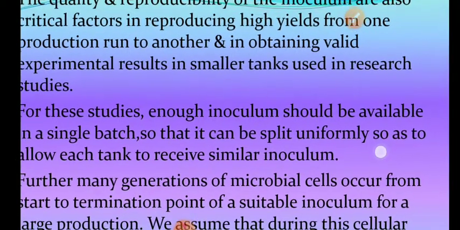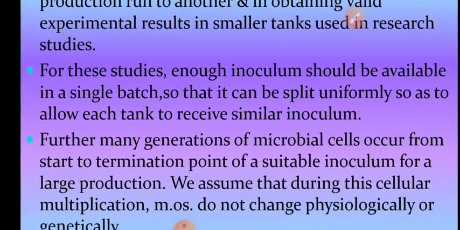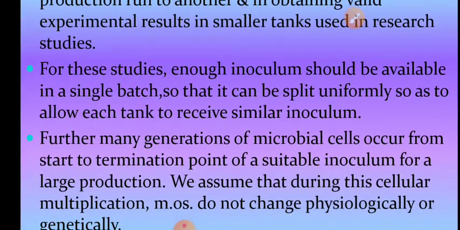Okay, so when you are carrying out studies at research level, that means you are studying a new production first in the laboratory, then on a small scale glass fermenter, and then in a pilot fermenter.